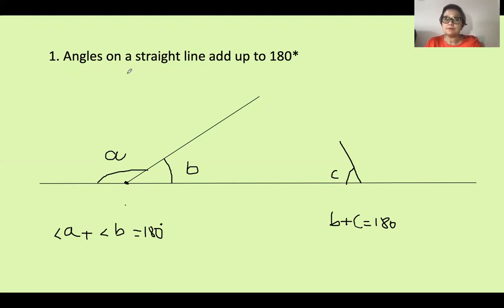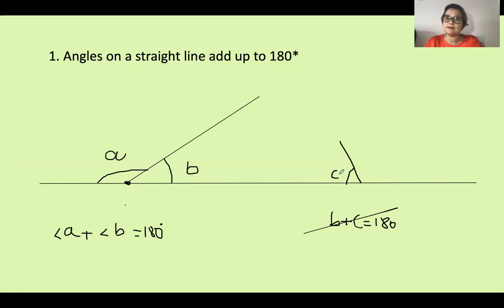So part of the angles on a straight line add up to 180 degrees. Both angles, can you see here? Both angles should be adjacent, next to each other, and the line that they share comes out of exactly the same point. Remember this one. So this one is not true. This here is true.